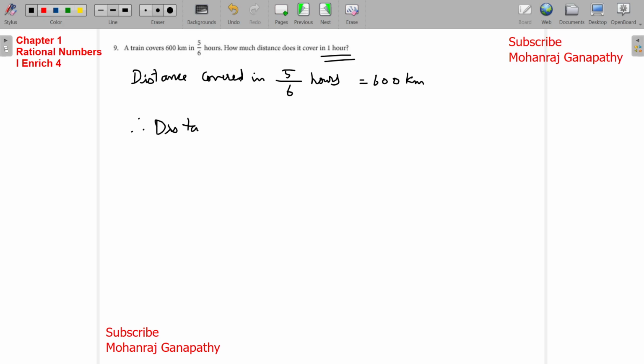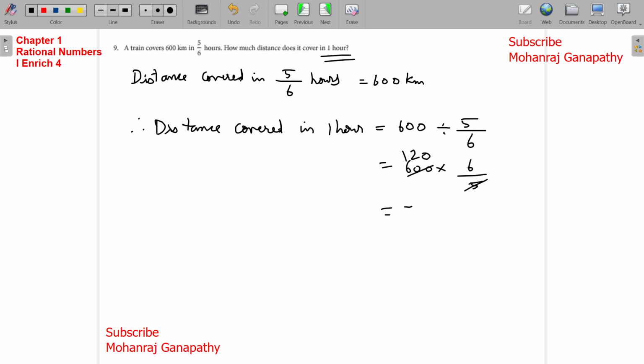Distance covered in 1 hour is equal to 600 divided by 5 by 6, which is equal to 600 into 6 by 5, 120 times 6, which is equal to 720 kilometers is covered in 1 hour.